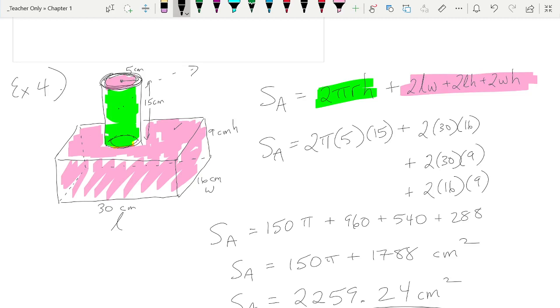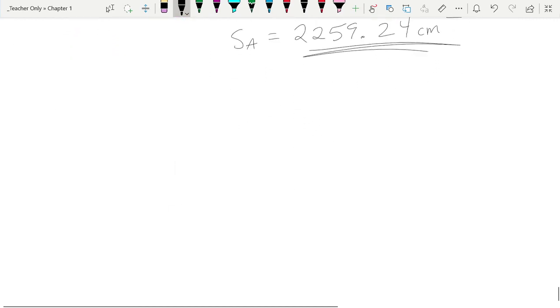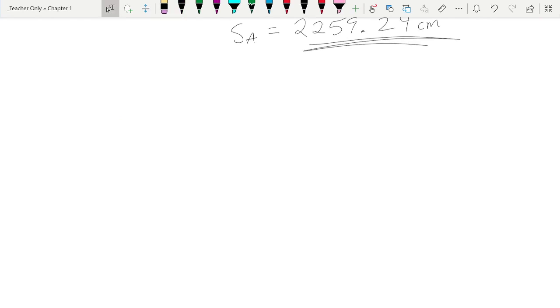Now that's for this example. If we ever gave you an example where, for example, suppose we stuck a cylinder on top of another cylinder, and then stuck that on top of yet another cylinder.